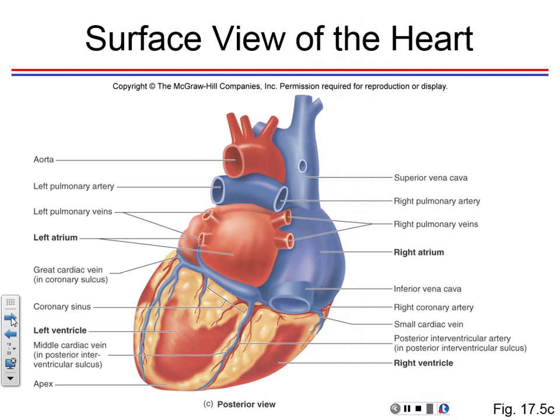All right, and then this is just the other view of the heart, showing the left side with the 4 pulmonary veins coming from the left and right lungs. Okay, and that's that. And then of course, this opening is probably for the coronary sinus from the heart.